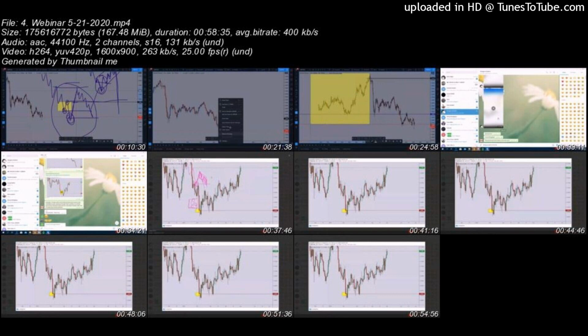Yeah. So let's look at a few examples of that. The most recent example was, let's take a look at EURUSD on the weekly time frame.